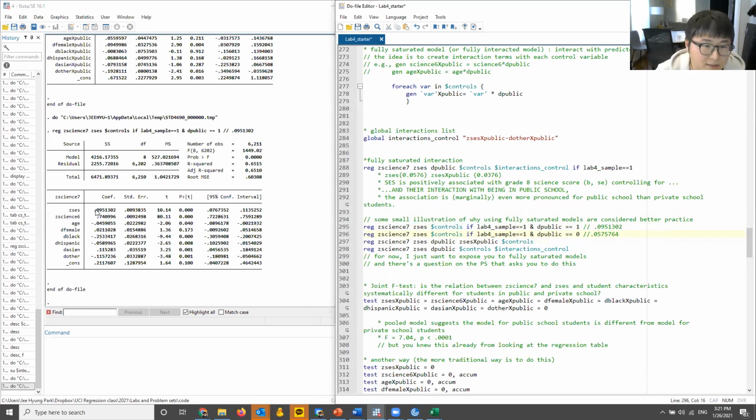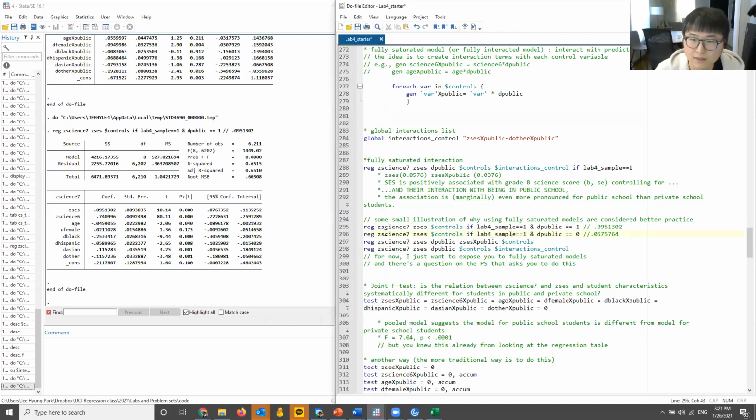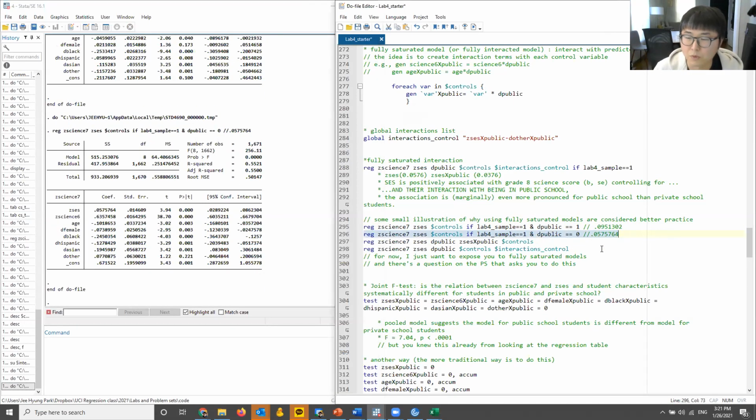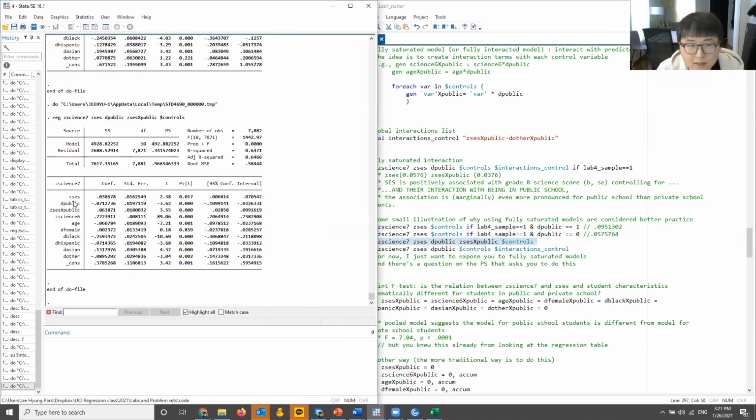And then for private school, 0.057. I'm just writing it down here so I don't have to remember it. If I run only an interaction, okay, only a single interaction, like not fully interacted, if I now look at ZSES, this is supposed to be the relationship between SES and science for somebody in private school.